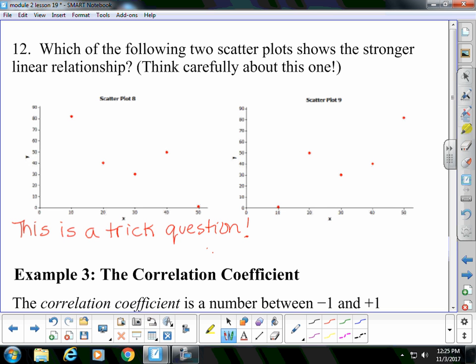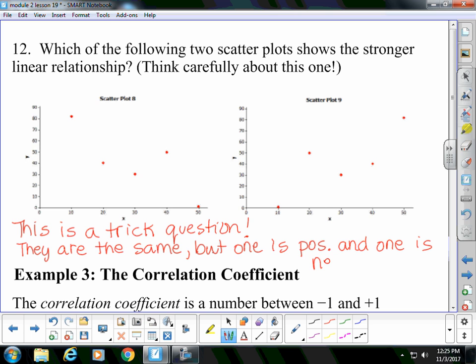One's just positive and one's just negative. And I'll prove that to you.